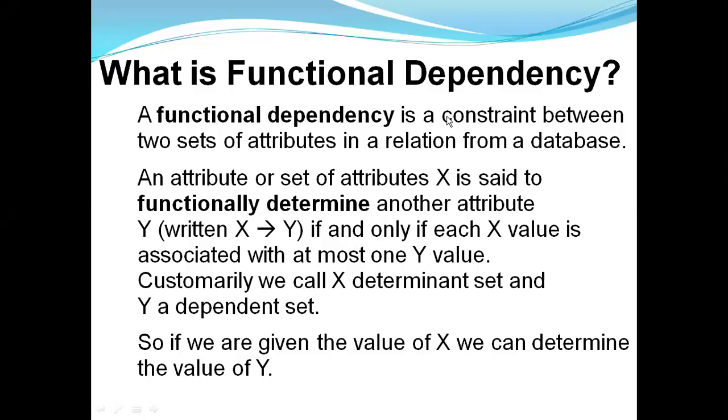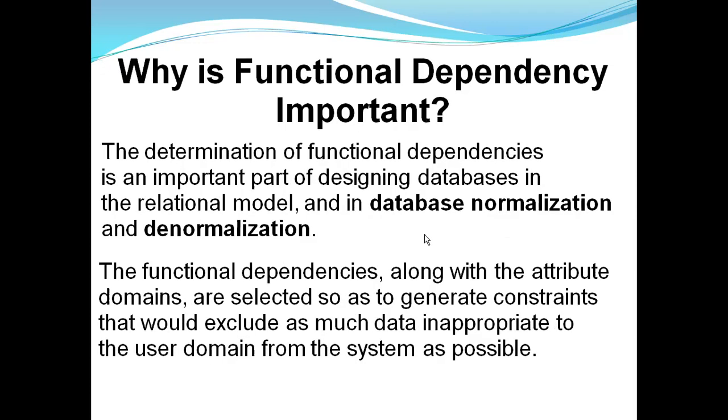A functional dependency is a constraint between two sets. Now set means what? Sometimes it is not a single column, it could be more than one column determining another. So that set is considered as one determinant or one dependent. Now, why is functional dependency important?